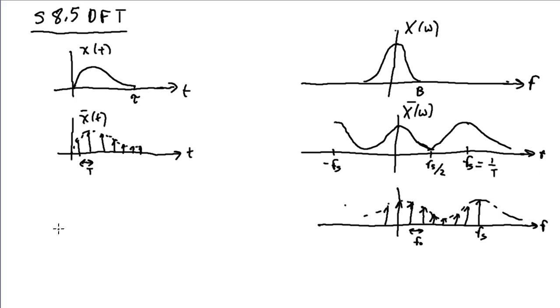That leads to a periodic version of x over bar of t, where these replicas are now T0 apart, where T0 is 1 over f0. And so again, let me sketch in what my original x of t looks like.